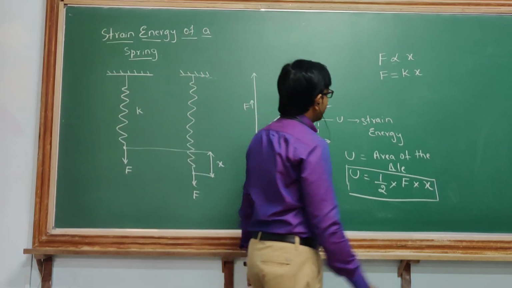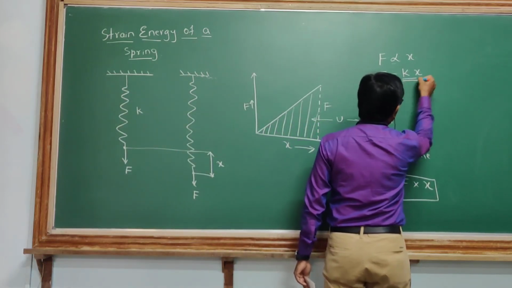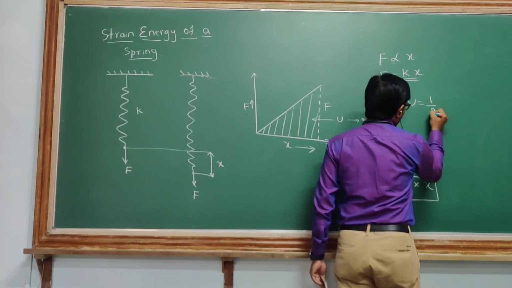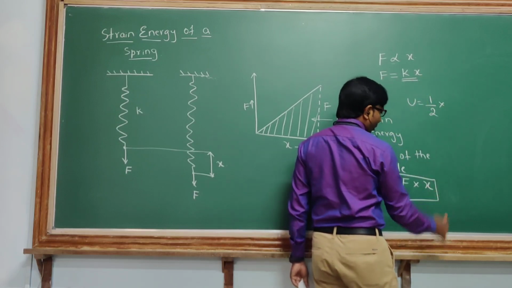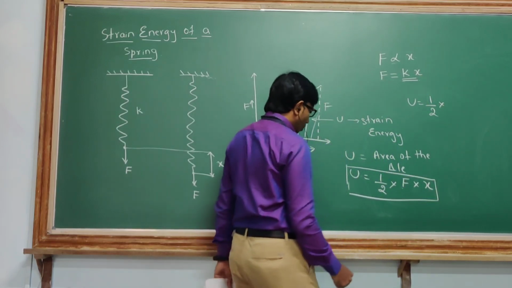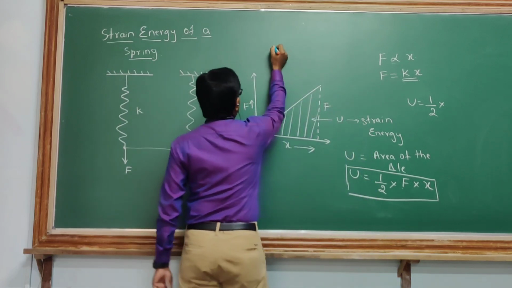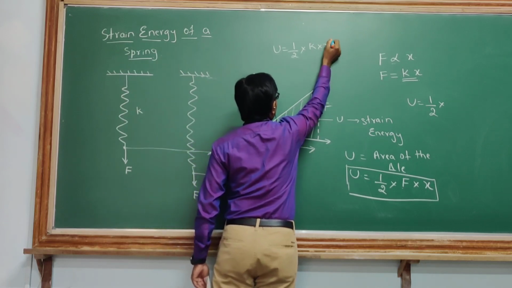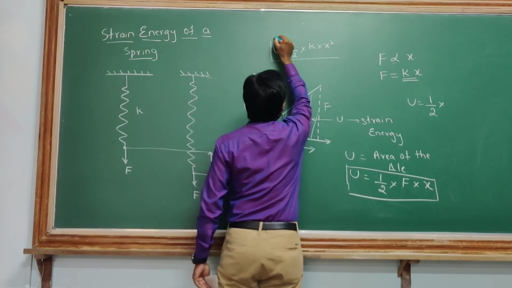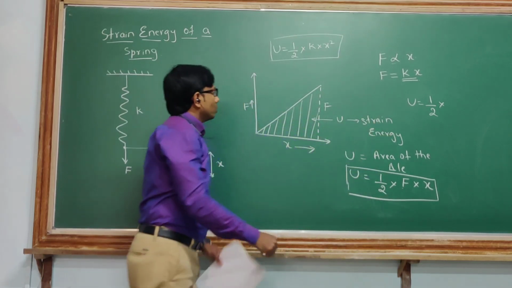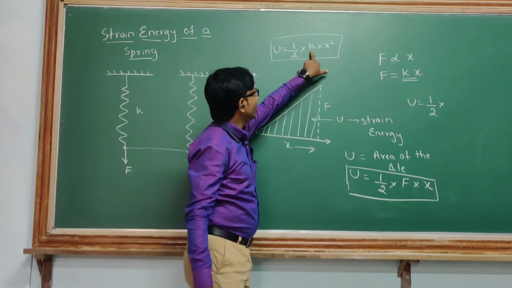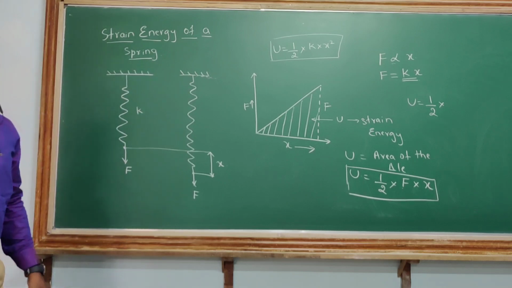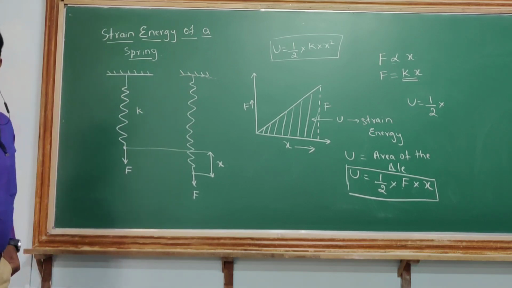So F is nothing but K into X. If I substitute that, U will be equal to half into F, which is K into X, into X. So U equals half K x squared. This will be the strain energy of the body. K is the stiffness of the material and x is the displacement of the spring. So this is how we calculate the strain energy of the spring.